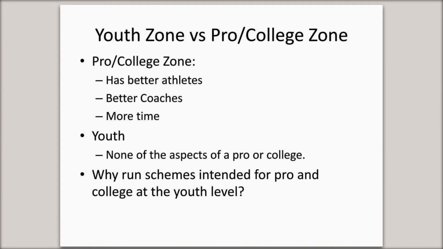The reason why the zone is so effective and can be effective in youth, equal to pro and college, is it's one scheme. It's a very simple scheme once you get it down. You don't have to worry about 20 different plays, 20 different blocking schemes. It's one blocking scheme, depending on 5 different fronts, 6 different fronts, and the running is based off of the same.